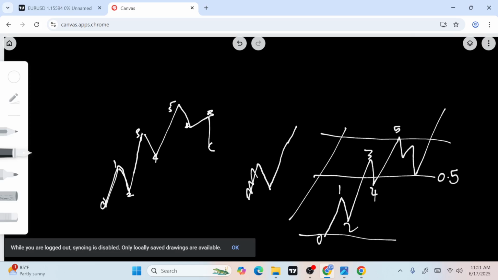What you can do, which is what she was trying to explain, is that when it starts here and gets to number one, and finishes that number two retracement, there's something called Fibonacci trend extension.